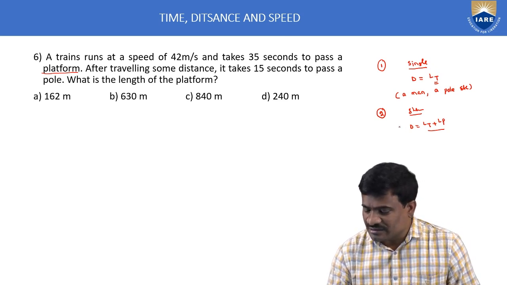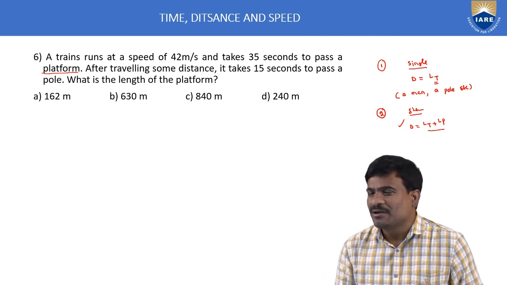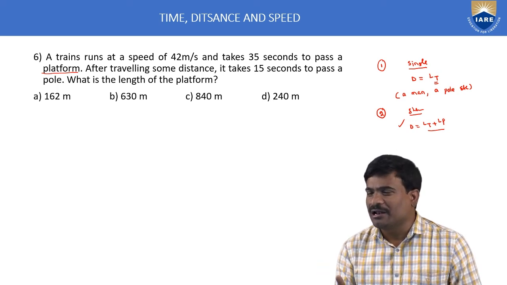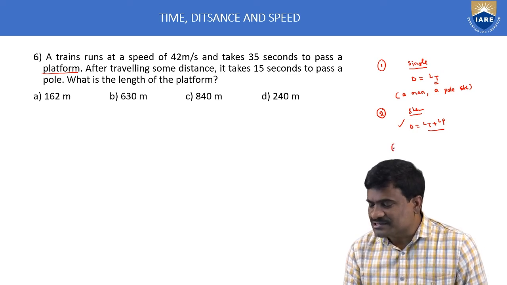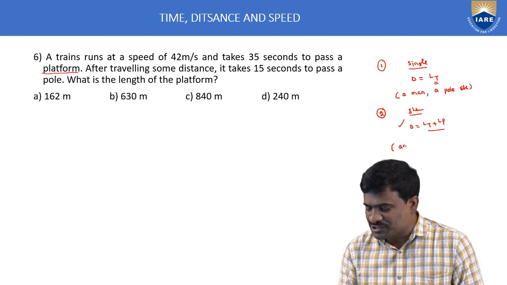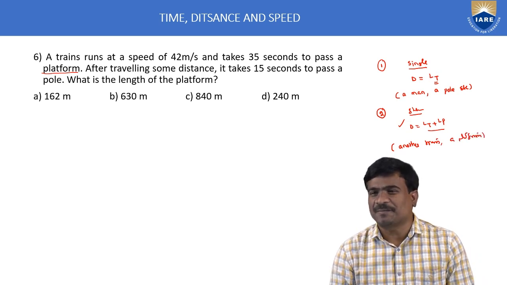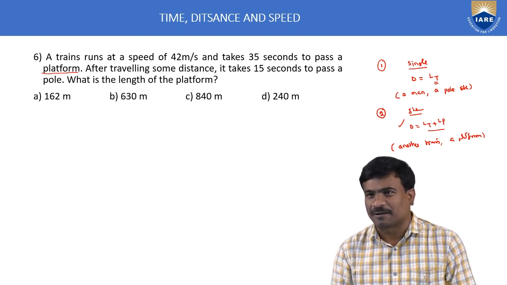That is, D = LT + LP, where LT is the length of the train and LP is the length of the platform. In brackets, stationary object means another train, a platform, etc.